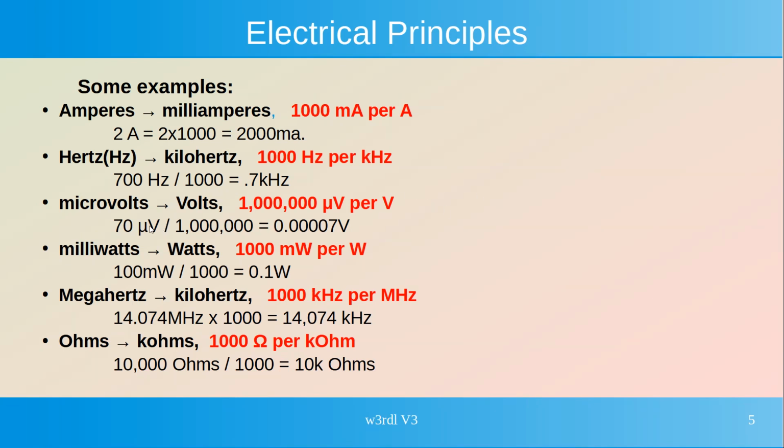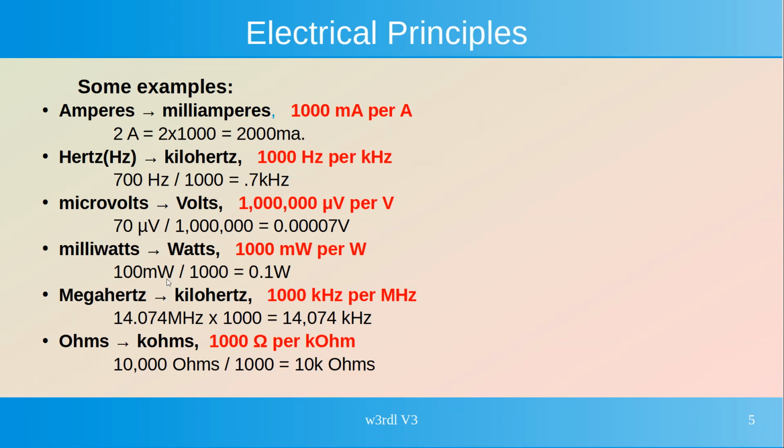So to go from 70 microvolts to volts, I'm going to divide by 1,000,000 and get 0.00007 volts. Microvolts are pretty small, but that's actually the kind of signal levels that receivers see. They're down in the microvolt range.